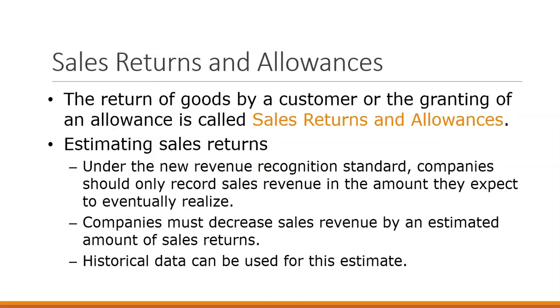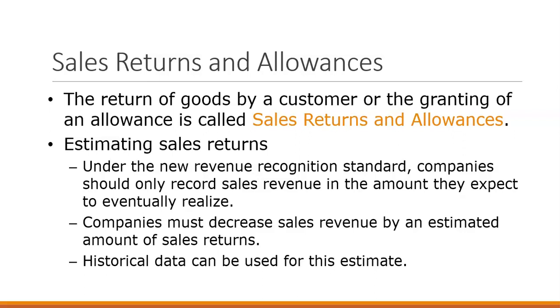They can also return goods. So our customers can return goods. We can record the returns, so we have to decrease sales by sales returns. Here we have to estimate sales returns. We have revenue recognition standards, that revenue recognition principle, where we can only record sales revenue in the amount that we expect to eventually realize.